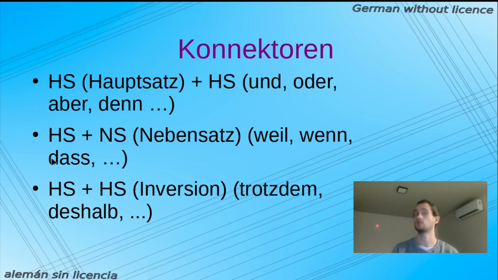Okay, these are the two most popular examples for the third group. Okay, these would be the three groups, and you can all the time put every connector in one of these three groups. Okay, so that's why it's quite useful if you know which groups exist and which order each of the groups has. We will start with the first one.